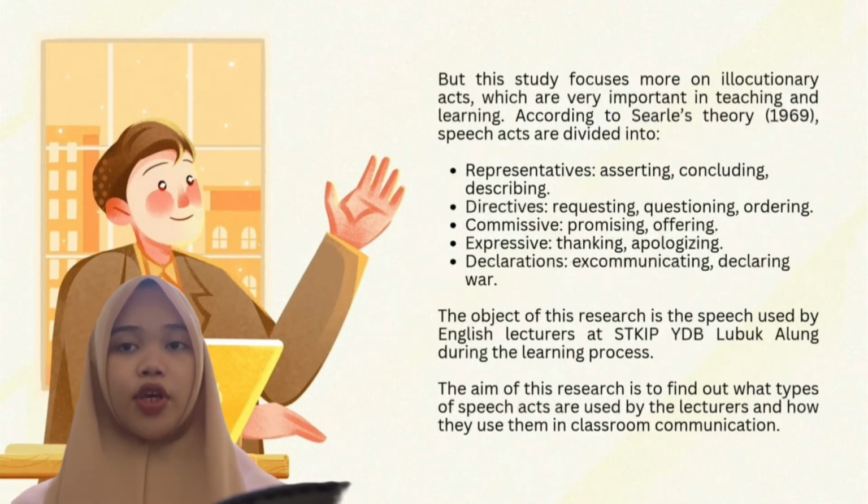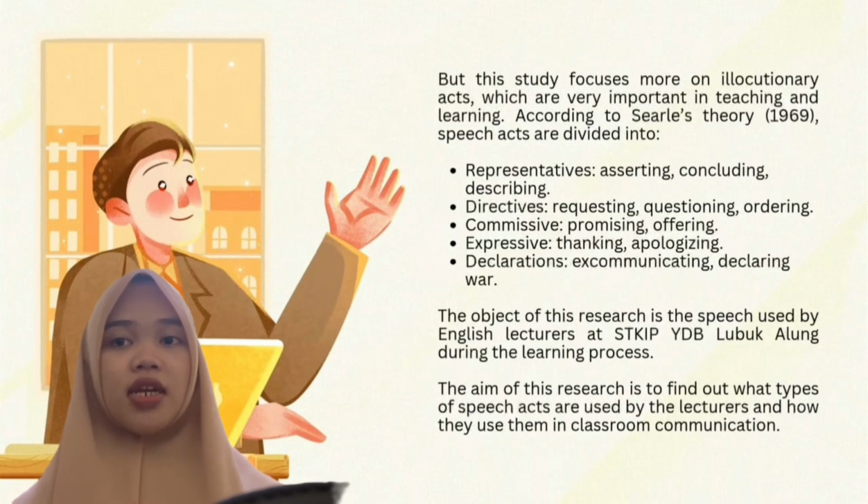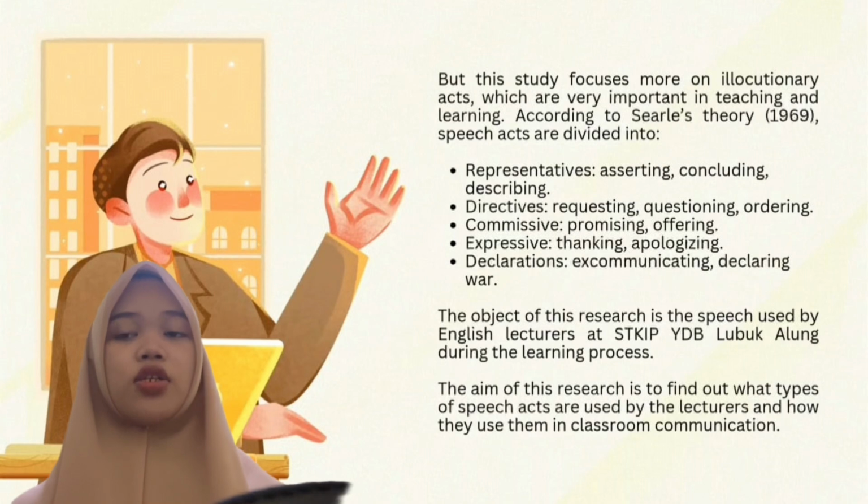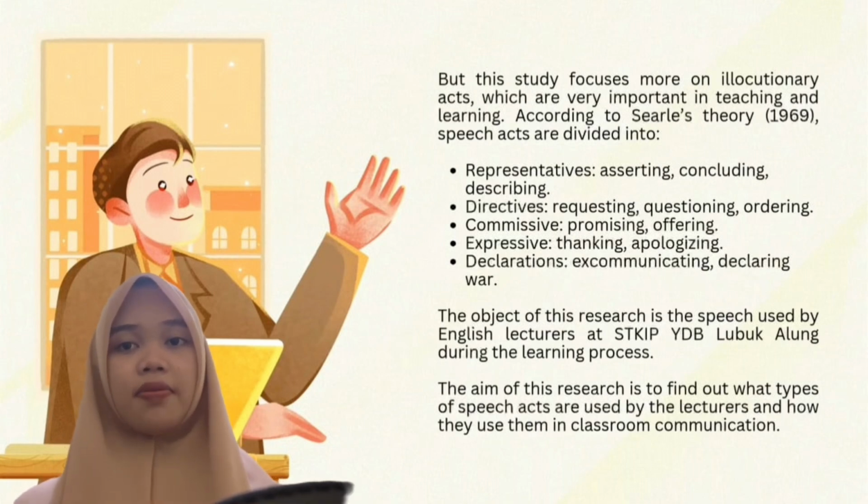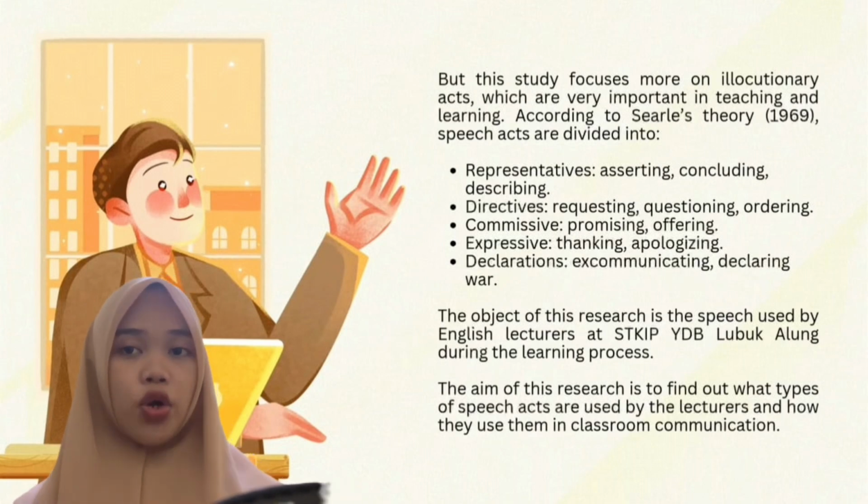This study focuses on illocutionary acts, which are especially important in teaching. They show what the teacher is trying to do with their words during lessons. According to Searle, 1969, illocutionary acts can be grouped into 5 types. The first, representatives, saying what is true, like describing or explaining.